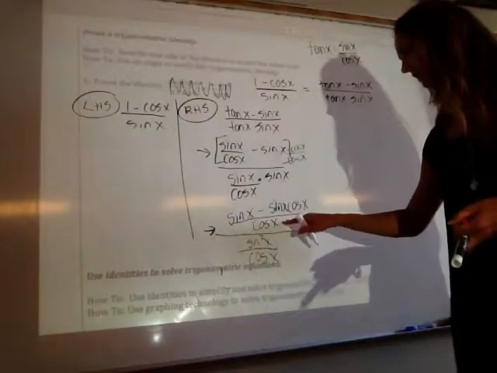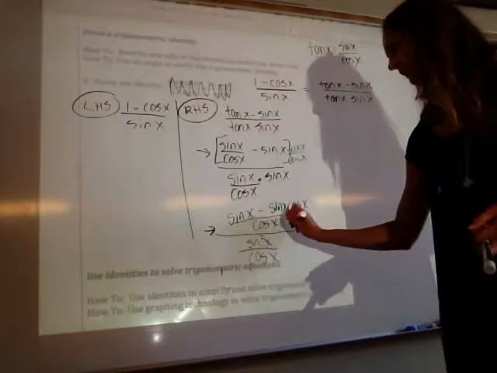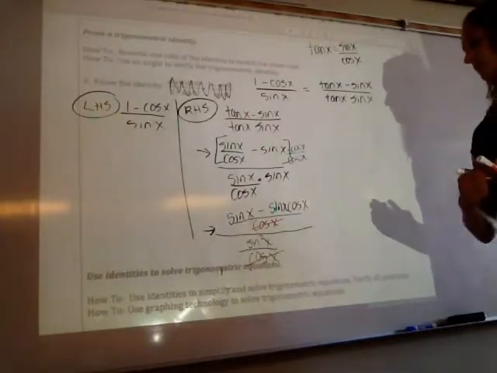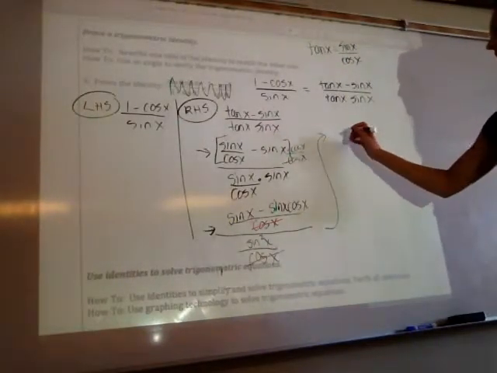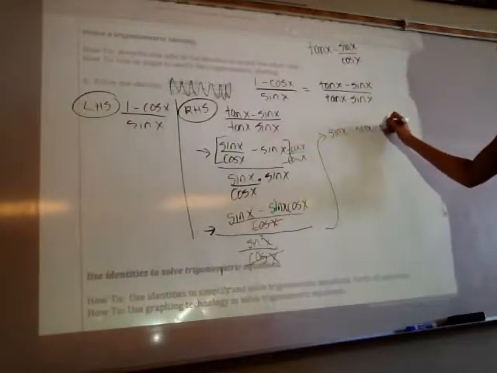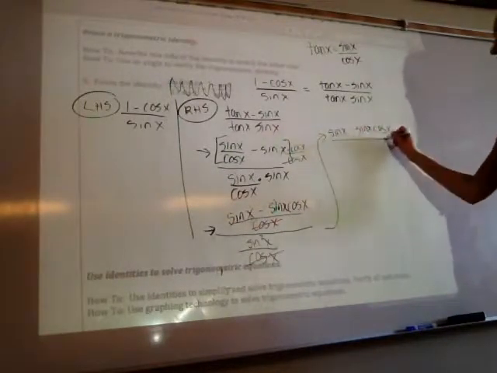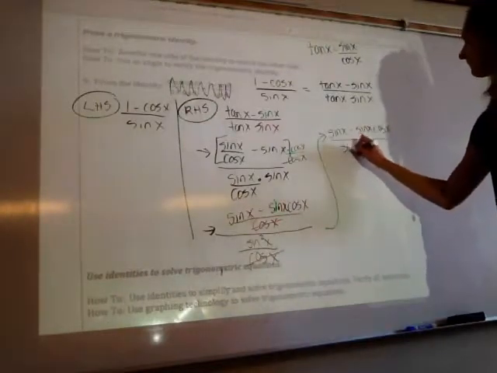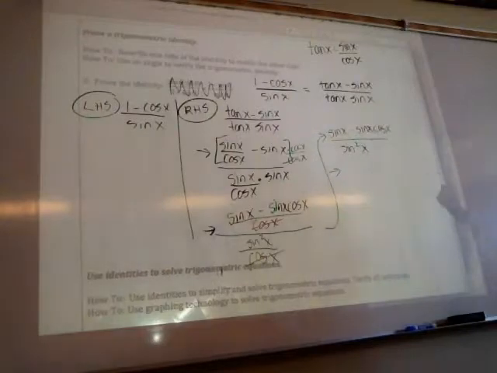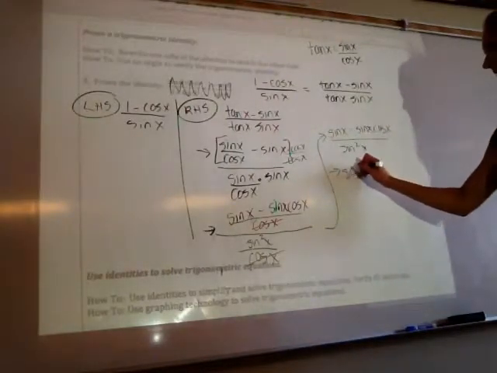If you have the same thing in the denominator of the numerator and denominator, they can just cancel out. Moving up, I have sine x minus sine x cosine x all over sine x squared. Can factor sine out of the terms in the numerator.